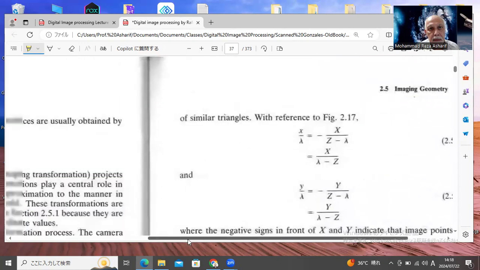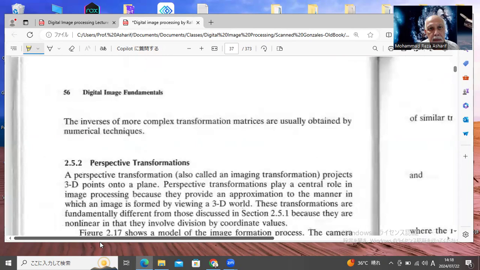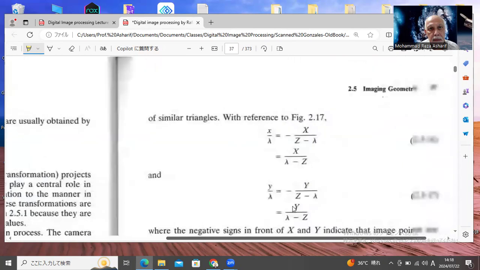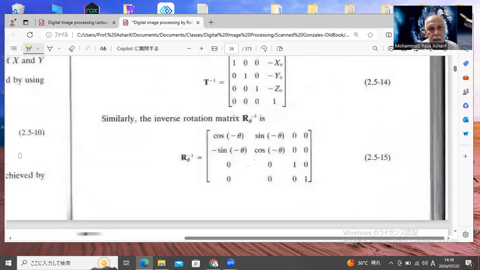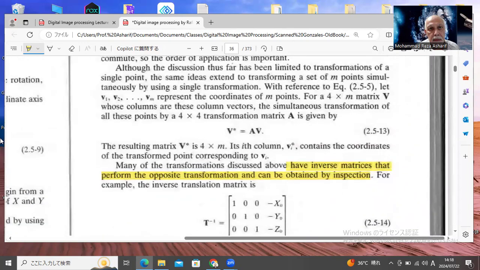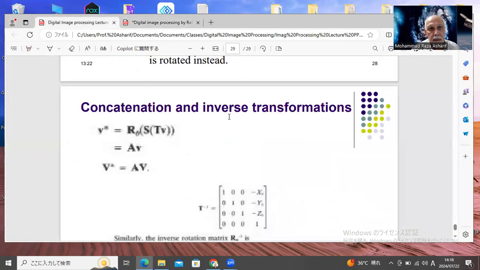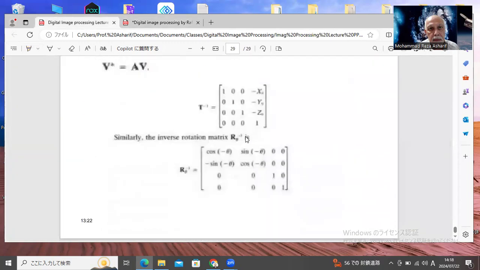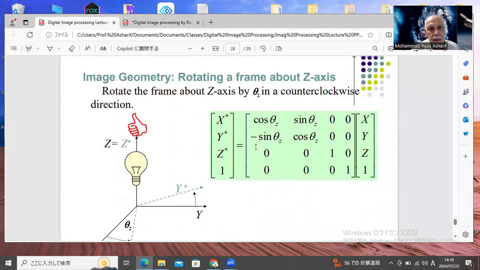Let me continue. You can do the inverse for many other ones. So here I think this chapter will be finished. If I have more, let me see. No, it's okay.